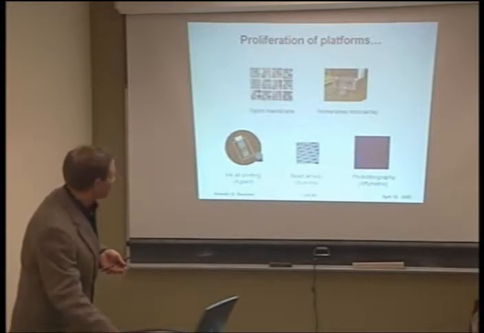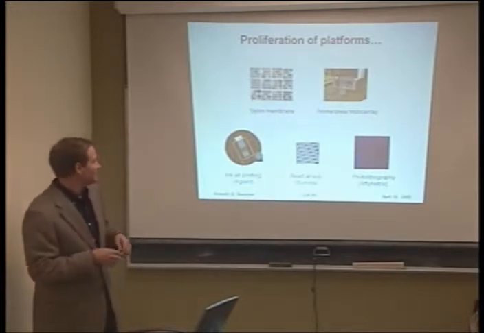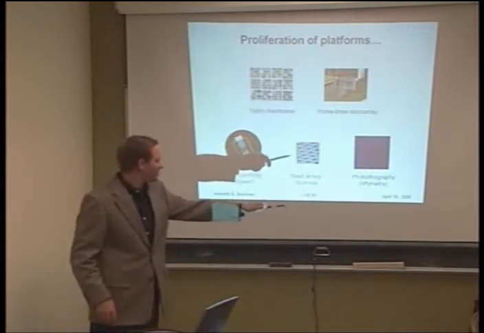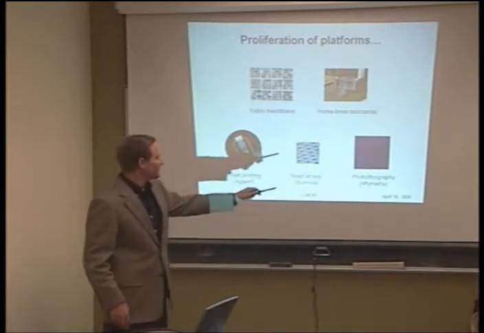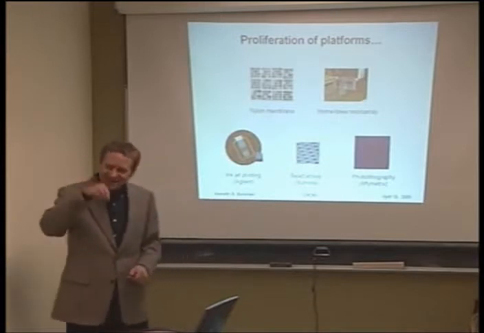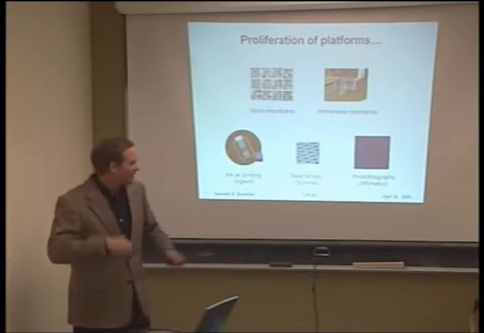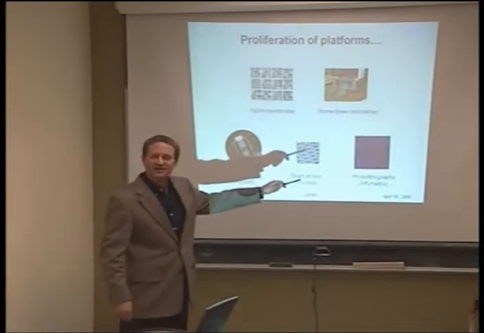There are a lot of different ways these arrays can be made. This is one example of a technology that I've recently been playing around with and that Esteban plans to use, where literally on a microscope slide they etch tiny little holes using an acid-based etching protocol, and then they add glass beads, just like a Chinese checkerboard.